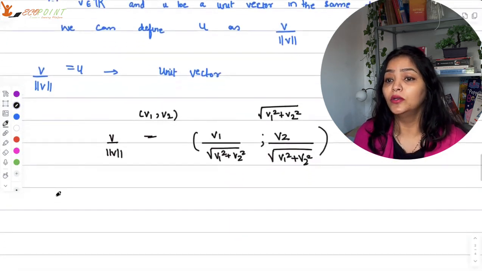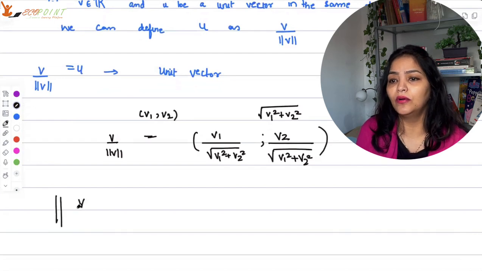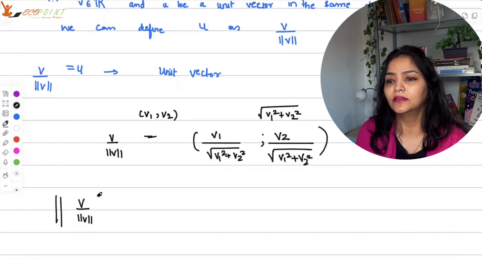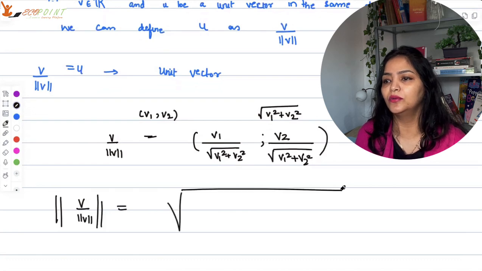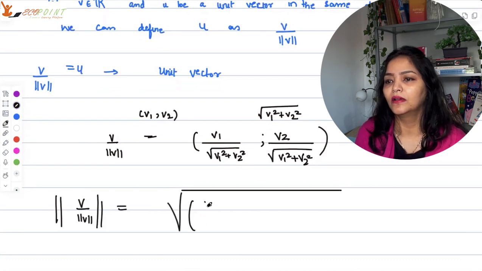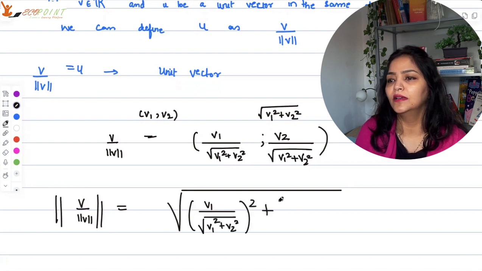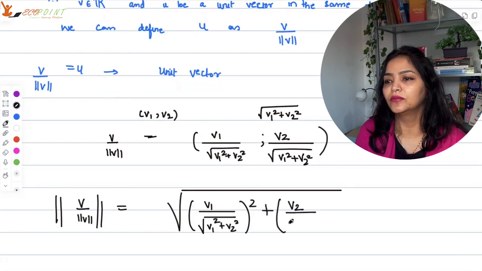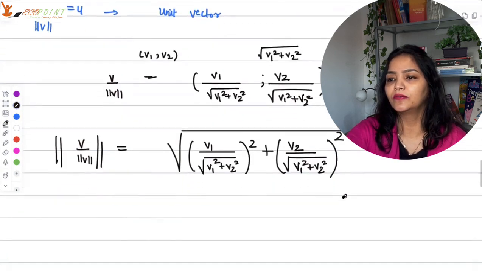If you take the norm or the length of this vector, what do you think it will turn out to be? It's the square root of v1 upon the square root of v1 square plus v2 square, the whole square of this, plus v2 upon the square root of v1 square plus v2 square, the whole square of that.